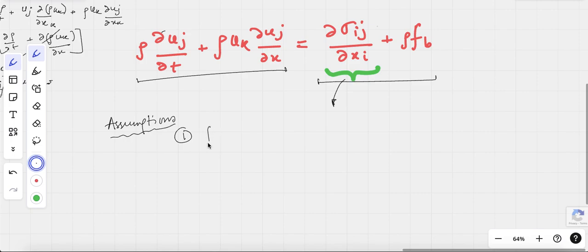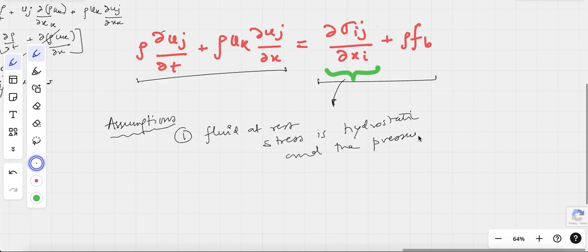When the fluid is at rest, the stress is hydrostatic and the pressure is thermodynamic.